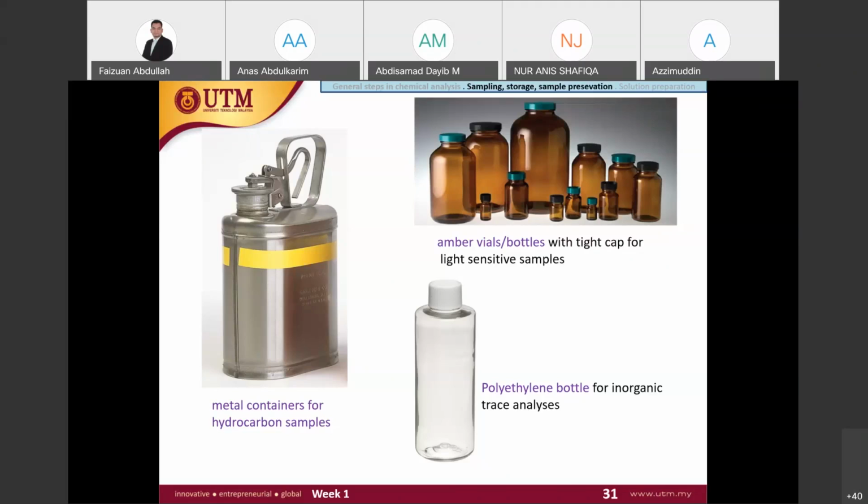okay? And then we have polyethylene bottles, okay? The plastic bottles is especially for inorganic trace analysis. What is inorganic trace analysis? Analysis, okay? What is the inorganic trace analyte example? Could anyone give me? Inorganic.